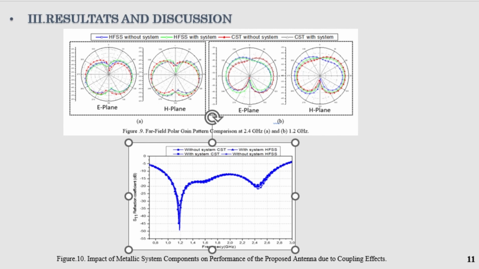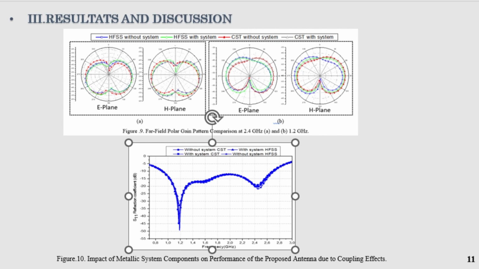The peak gains at 1.2 GHz obtained for HFSS and CST, with and without the system, are around minus 34 dBi, and at 2.4 gigahertz are around minus 90 dBi.